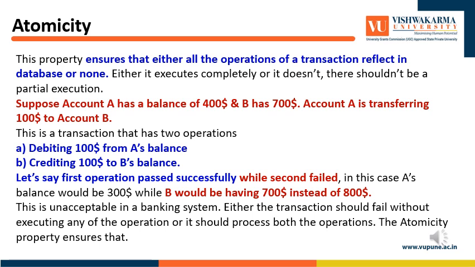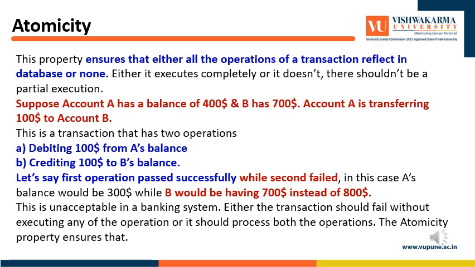Let's say the first operation passed successfully while the second failed. In this case, A's balance would be $300 while B would have $700 instead of $800. This is unexpected in a banking system. Either the transaction should fail without executing any of the operations or it should process both the operations.